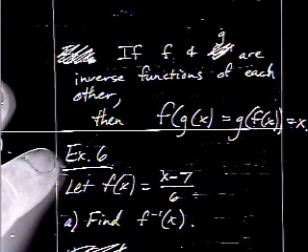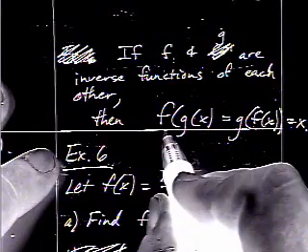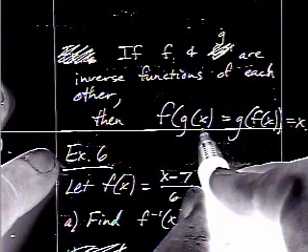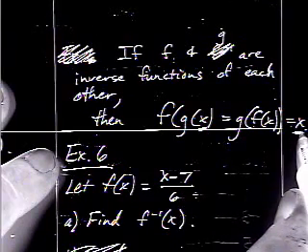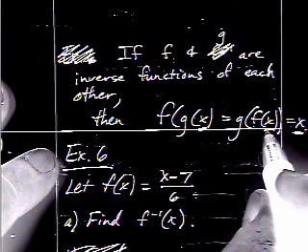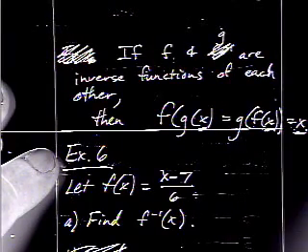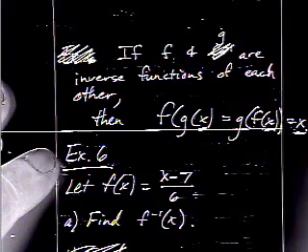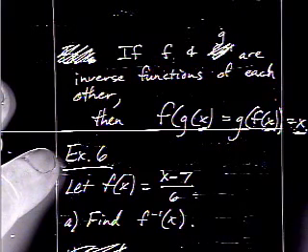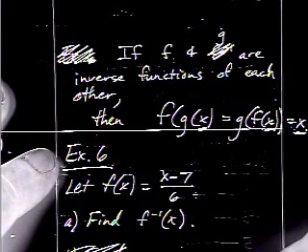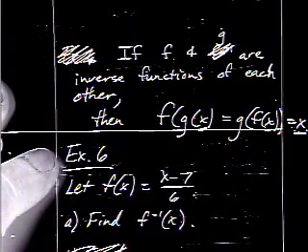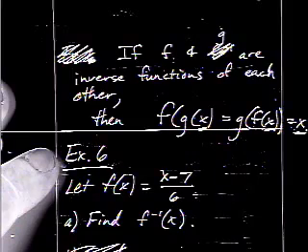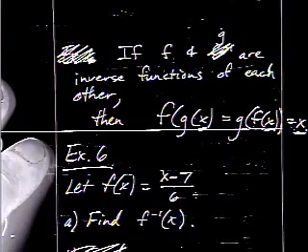Now, I know that doesn't make a whole lot of sense, but what it's saying is when you do the composition, you start with x and you end up with x. You start with x here, you end up with x. You do not start with x and then end up with x plus 2. You don't start with x and end up with x squared. You start with x and you end up with x.